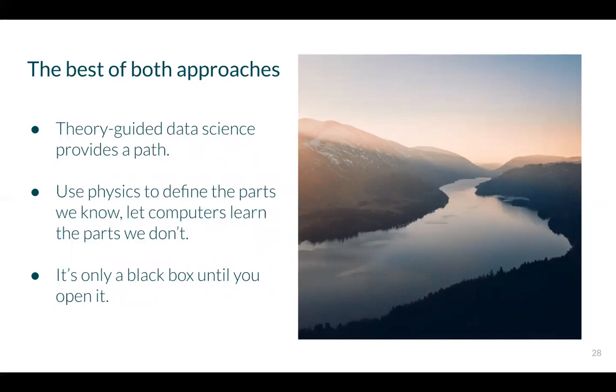And finally, neural networks and these statistical models are often described as a quote-unquote black box model. I posit to you that it's actually only a black box until you open it, and that as these approaches have received relatively less research, we just haven't yet built all the tools to open these black boxes.